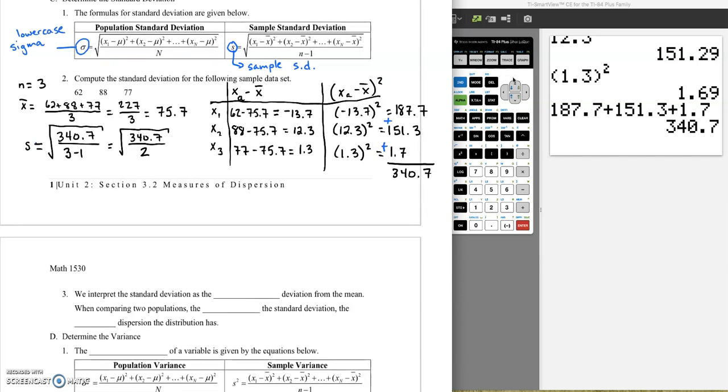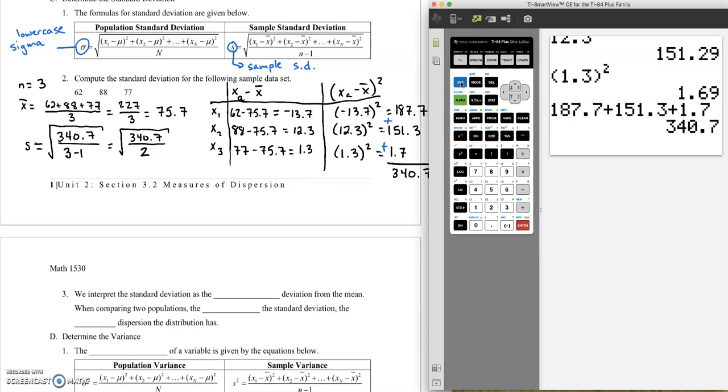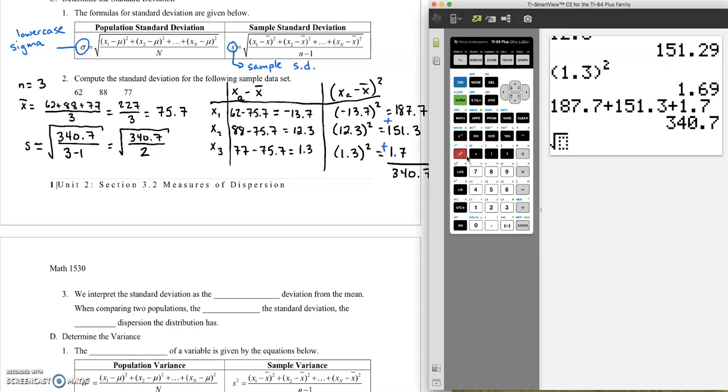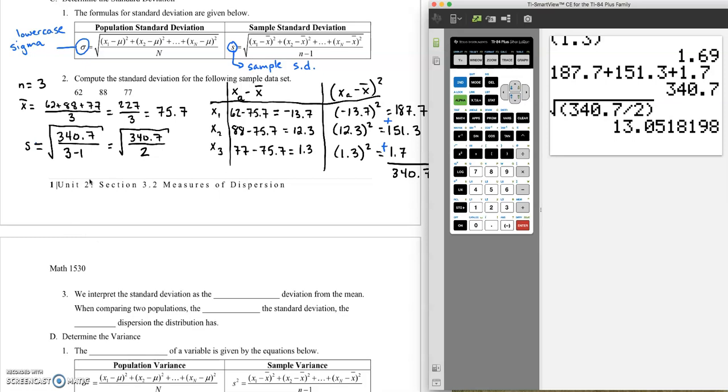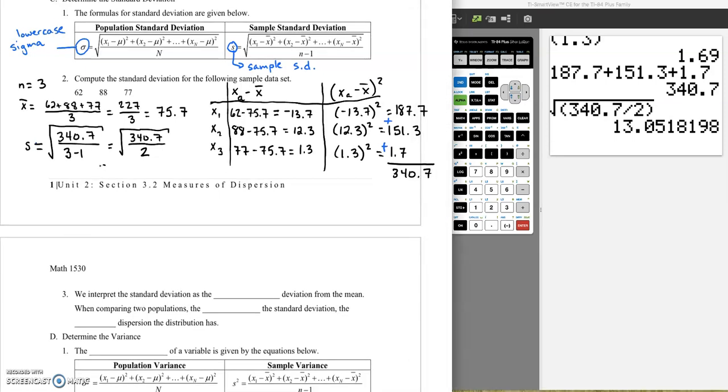So let's put that in the calculator. We're going to do second square root, and we want to make sure it takes the square root of this whole division problem. So we're going to put parentheses 340.7 divide by 2, and then close the parentheses. And then we can just hit enter. So we get S equals 13.05. We'll round to 2 decimal places.